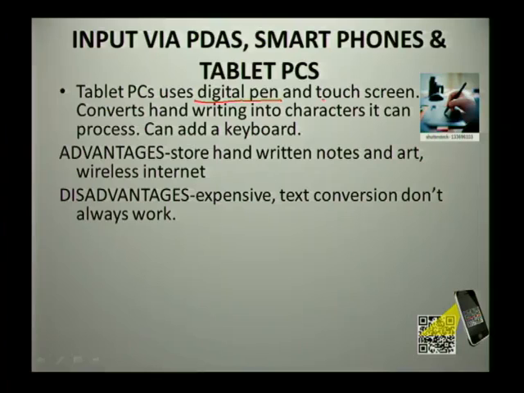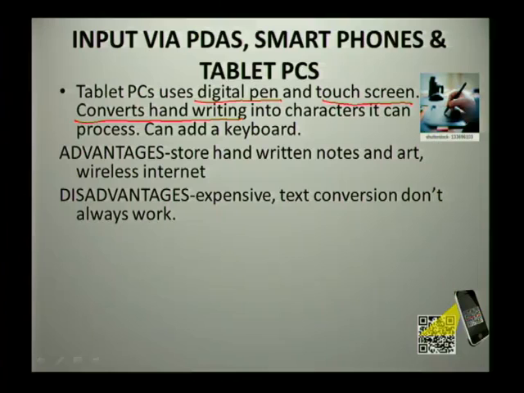Then we're going to look at tablets. Now, tablet PCs, they use a digital pen as well as a touch screen, right? Now, what happens is that it converts handwritten characters, meaning your handwriting, and they are then read as text into that device.